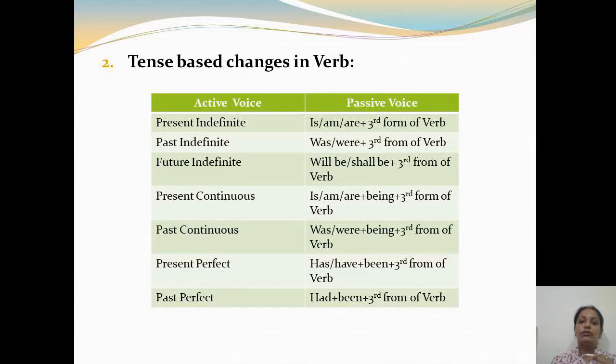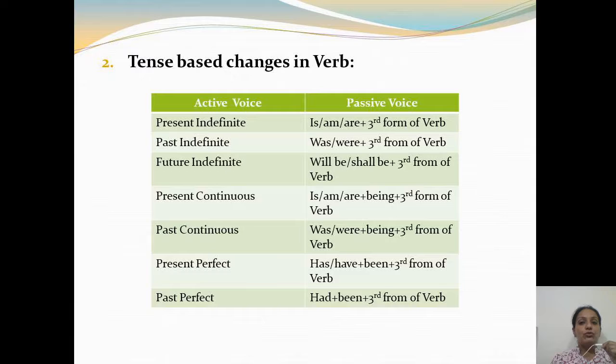In active voice, normally we have subject, has or have plus third form of verb, and object. On similar grounds, in past perfect tense, where we use had plus third form in active voice, it will be changed into had been plus third form of verb.